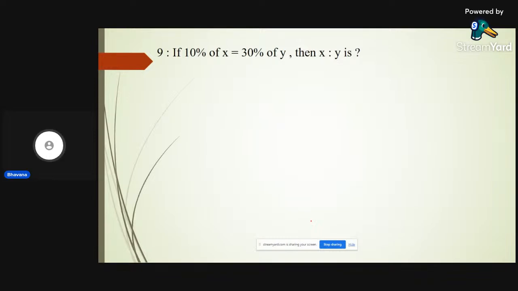Yes. So next, what is the question they have asked? If 10% of x is equal to 30% of y, then what is the x is to y ratio?